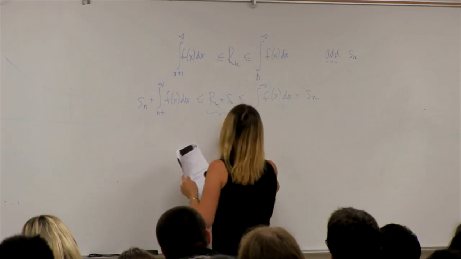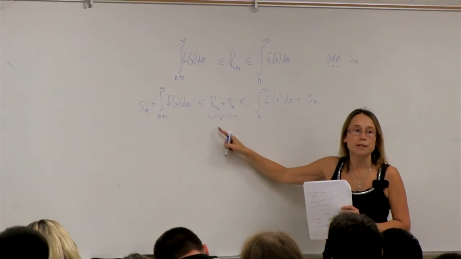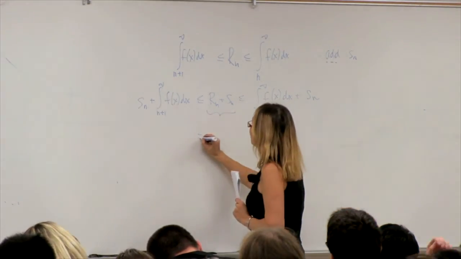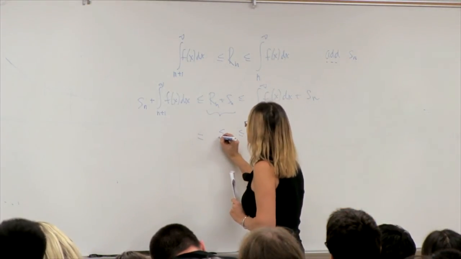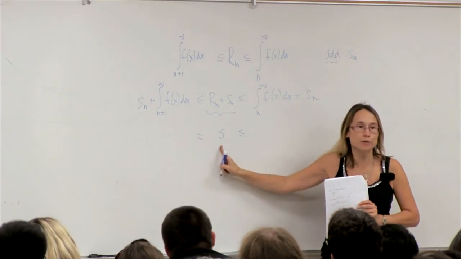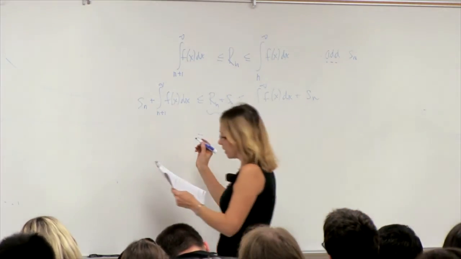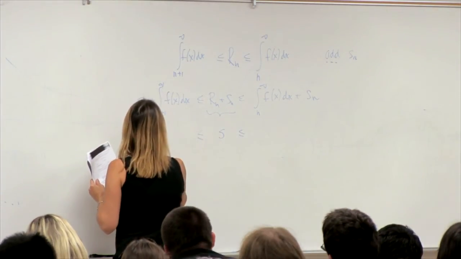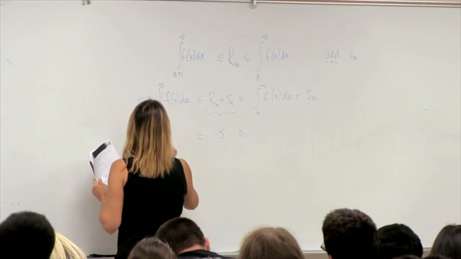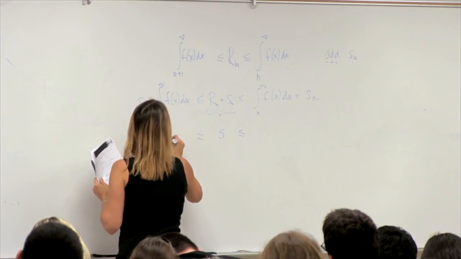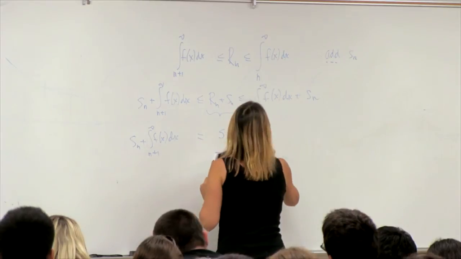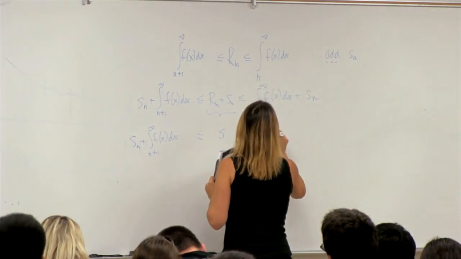And I notice that this is a partial sum plus remainder, so this is actually S, my exact infinite sum, okay? And on the left and on the right, I have two quantities that I can calculate without having to add up an infinite number of terms.